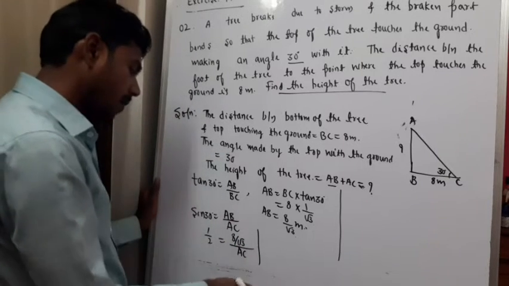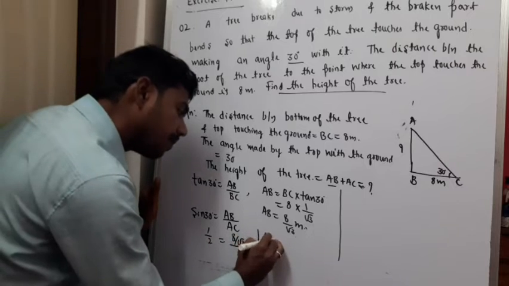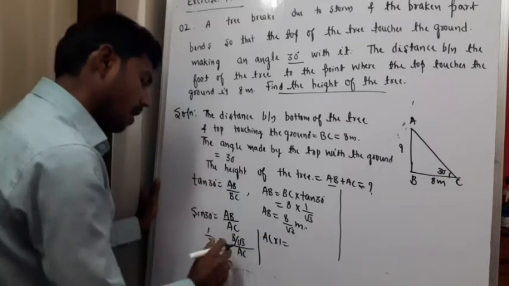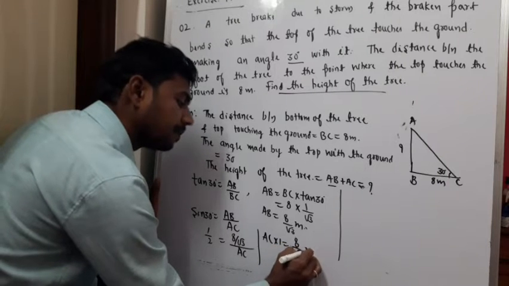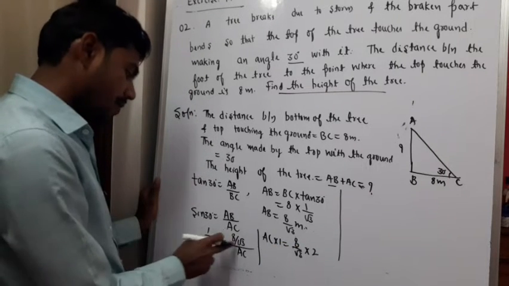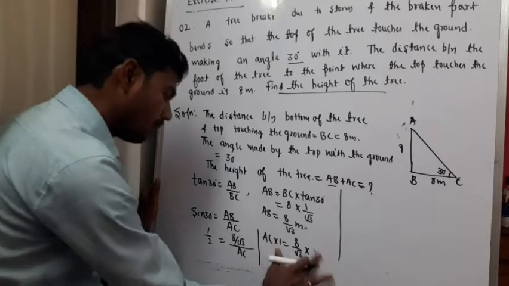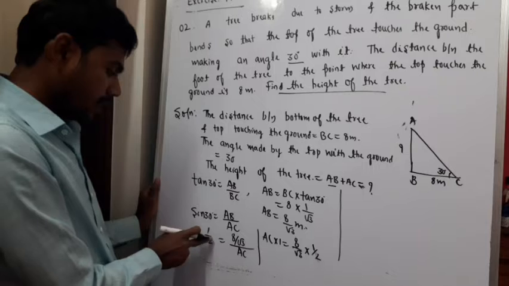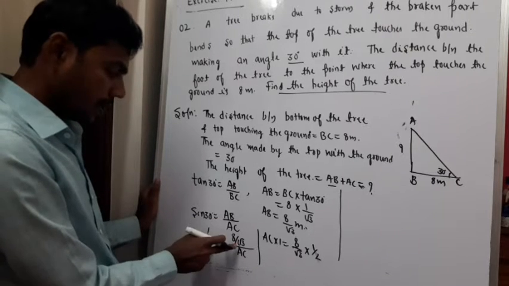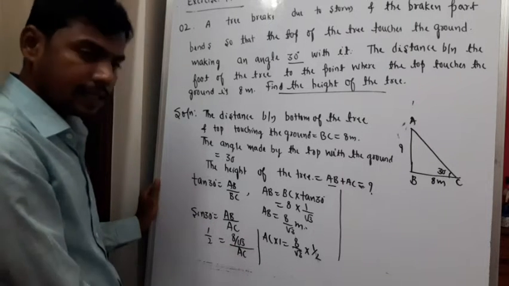Cross multiplication. AC into 1 equals 8 by root 3 into 2. Sin 30 is 1 by 2, AB is nothing but 8 by root 3, and AC we need to calculate.